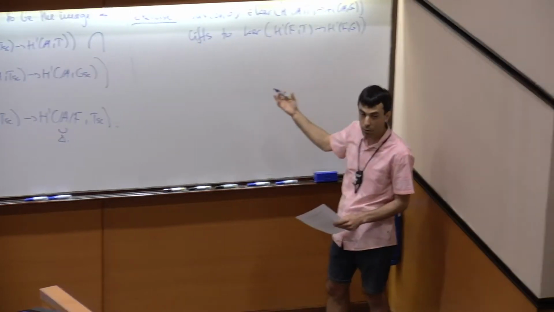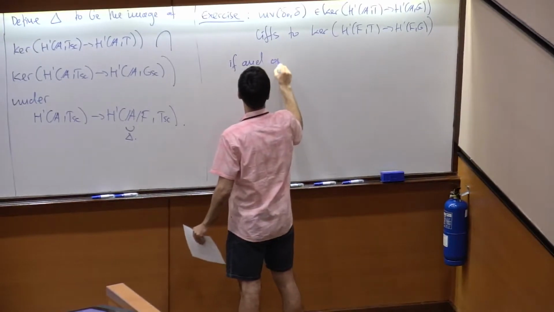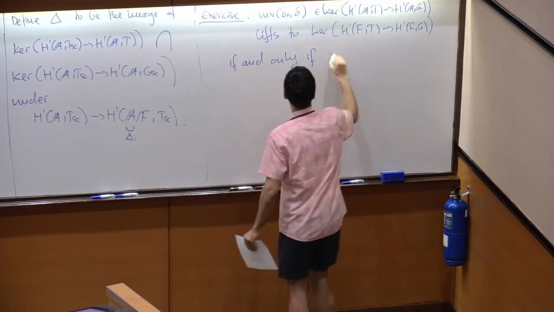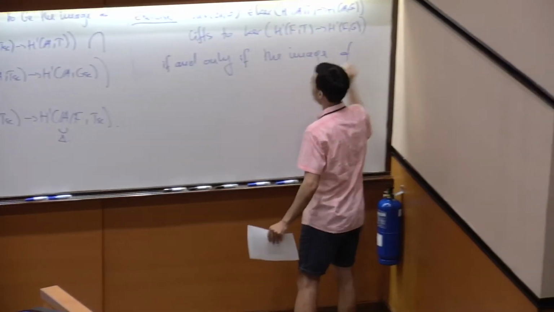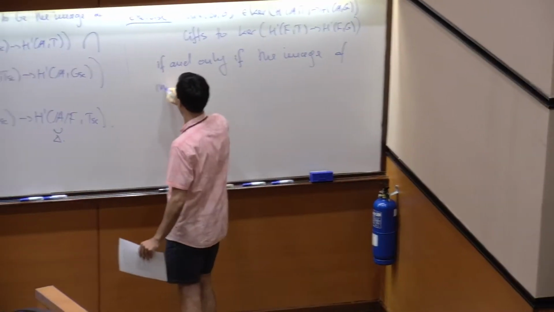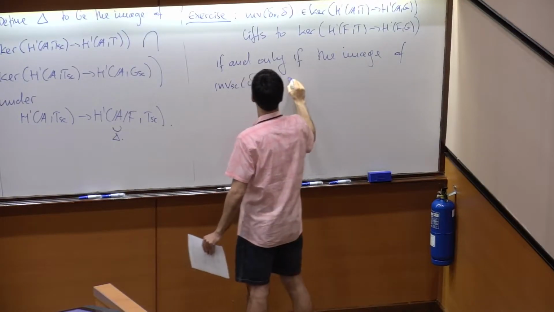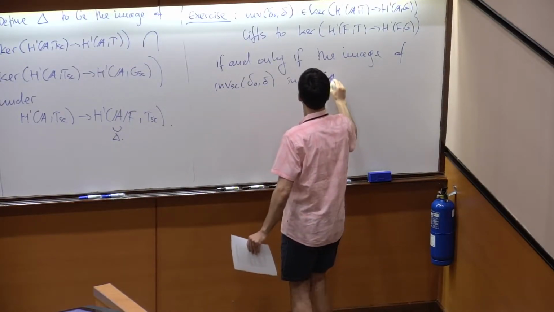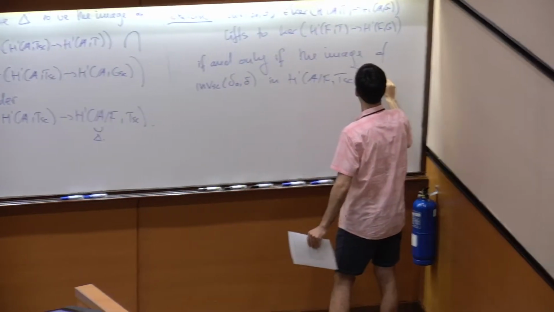This is the condition we wanted to satisfy if and only if the image of the refined invariant, delta 0 delta, in H1(A mod F, T)_sc lies in delta.